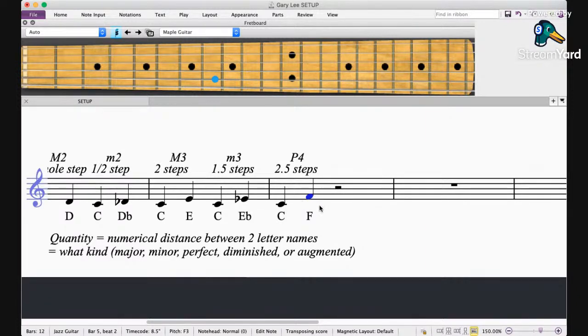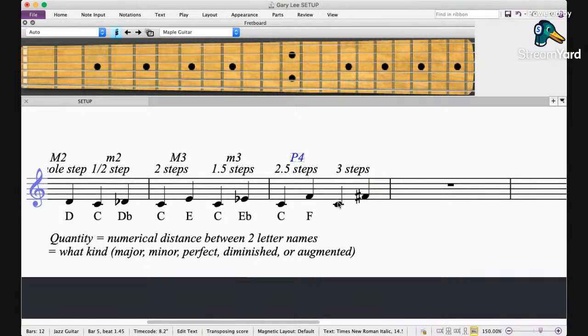You can have an augmented fourth, which means that you raise the fourth by a half step. And so now 2.5 steps becomes 3 steps apart, also known as a tritone.